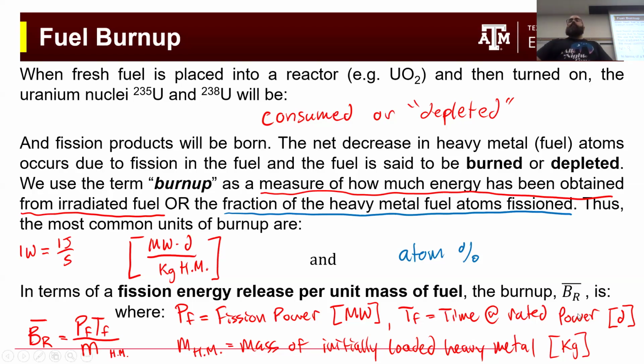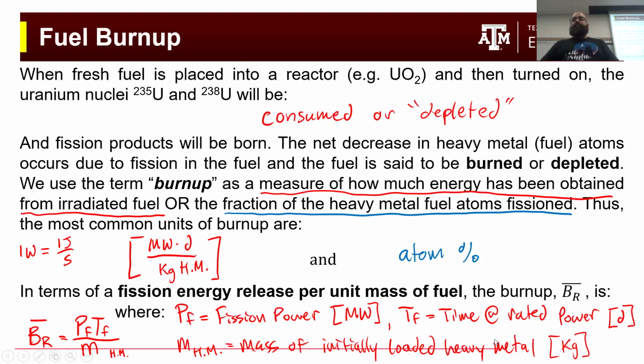So the time at rated power, like if it's an AP1000 reactor, means that the fission power is some number of megawatts, and it has a certain amount of time that it operates at full power before you have to reshuffle your fuel.